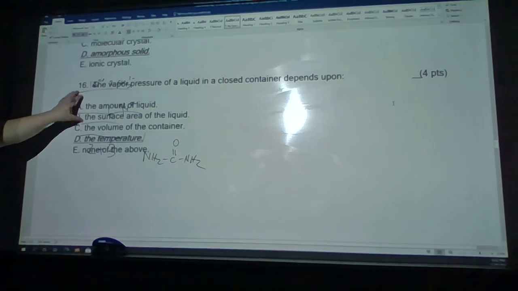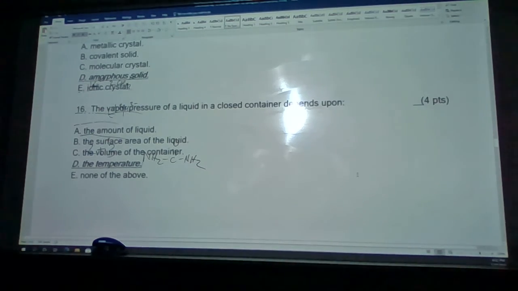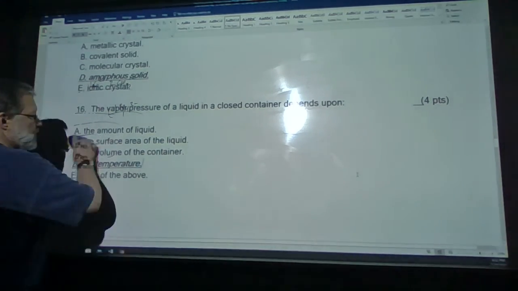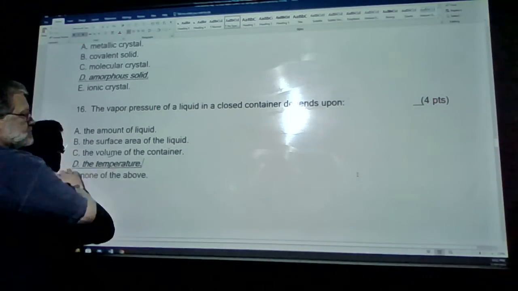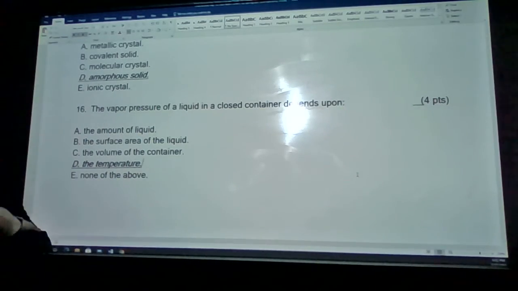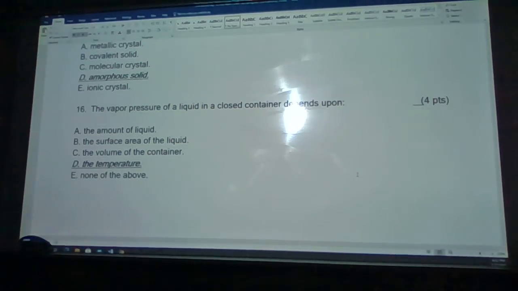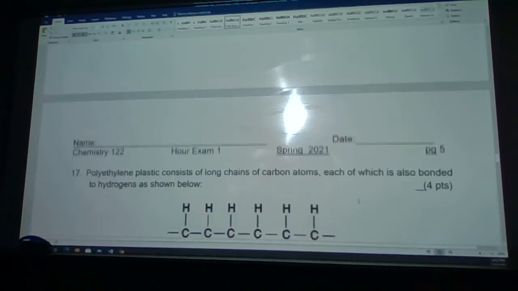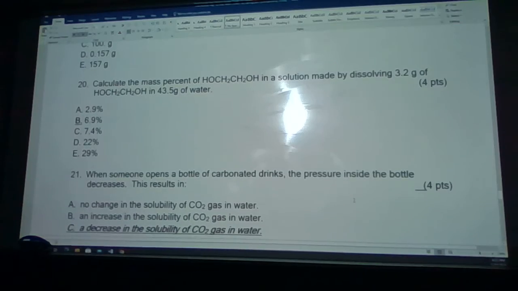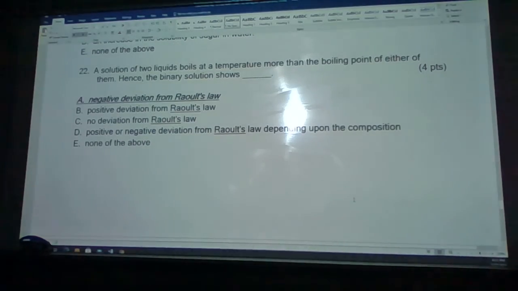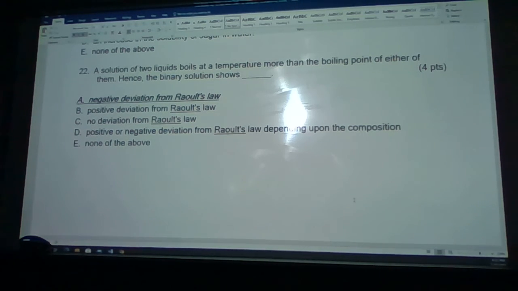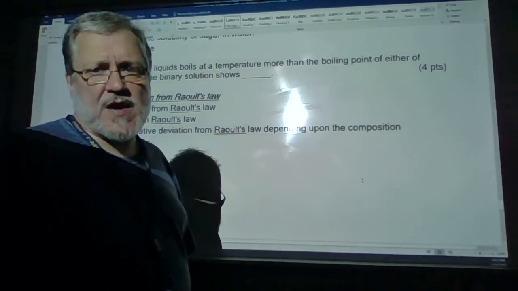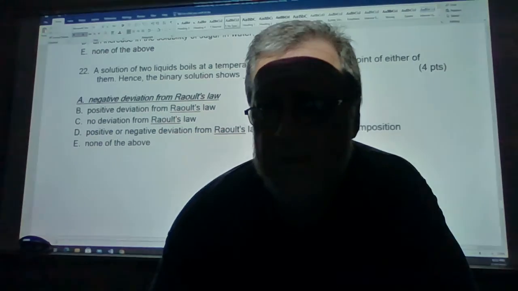I will find the specific page number in the book for number 16, where it makes the definitive statement about temperature being related to the vapor pressure, and the clarification of number 22. I'm thinking that it should be a positive deviation from Raoult's law, but I will make a definitive statement on that. Thank you very much. Again, if you have any questions about this, please don't hesitate to make an appointment during office hours. Have a good day.